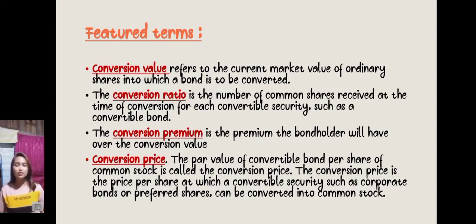This refers to the current market value of ordinary shares into which a bond is to be converted. As with other types of investments such as stocks and options, a key objective with the convertible security is to hold onto it until the market price is higher than the conversion value, thus generating profits through the conversion and later sale of the common stock received.